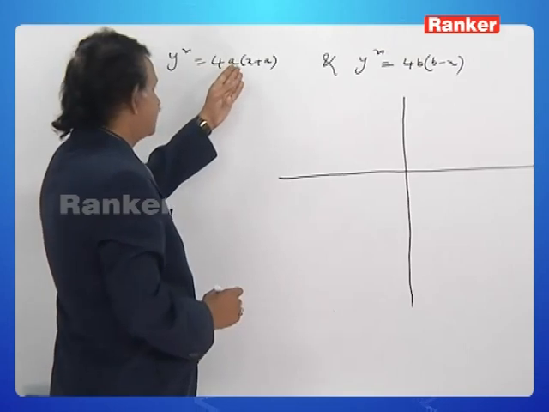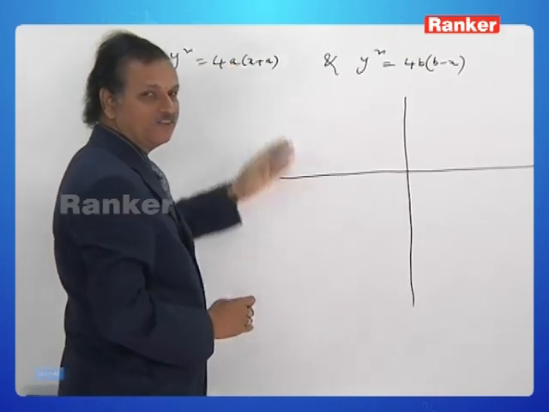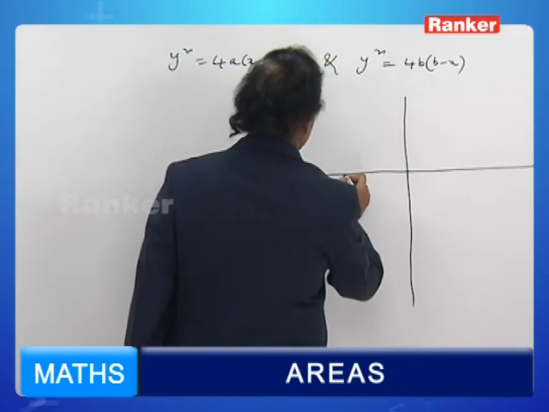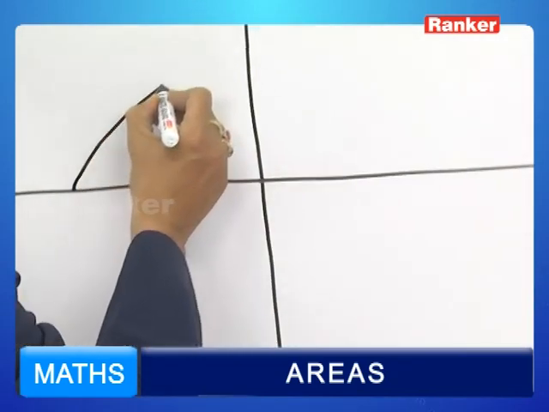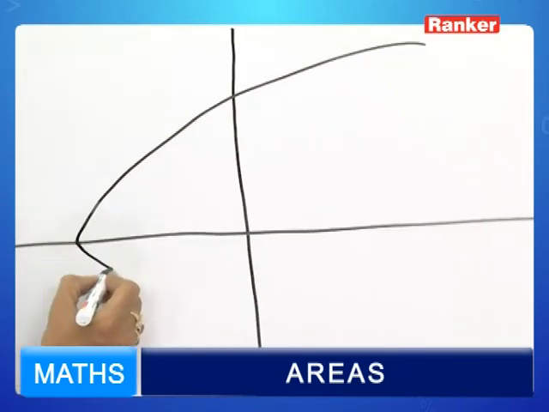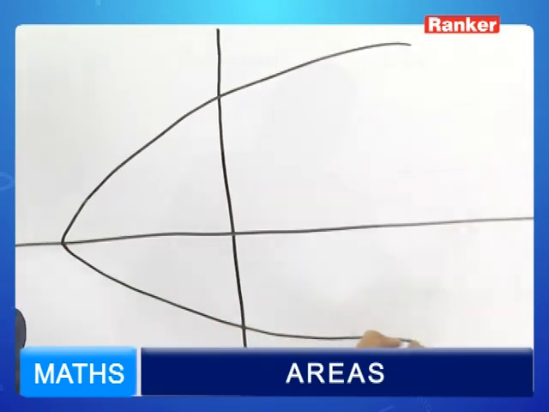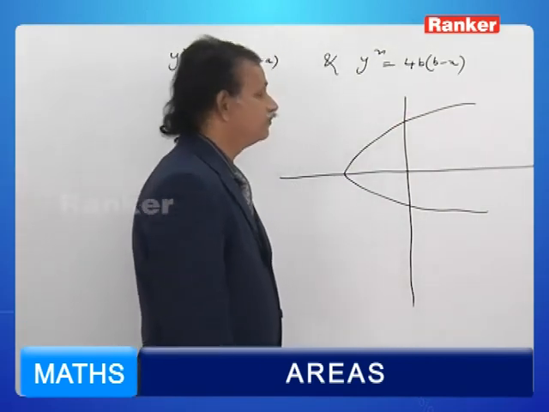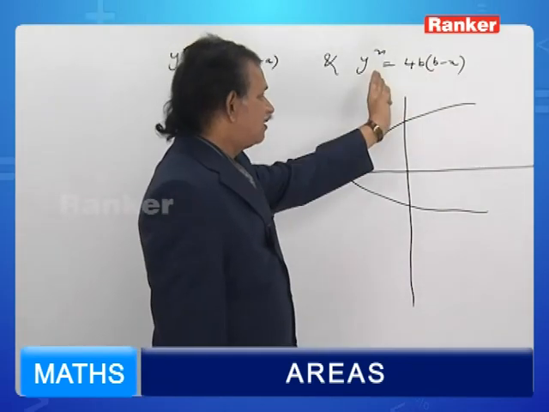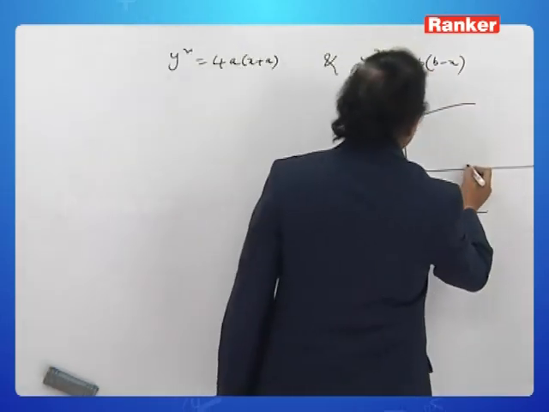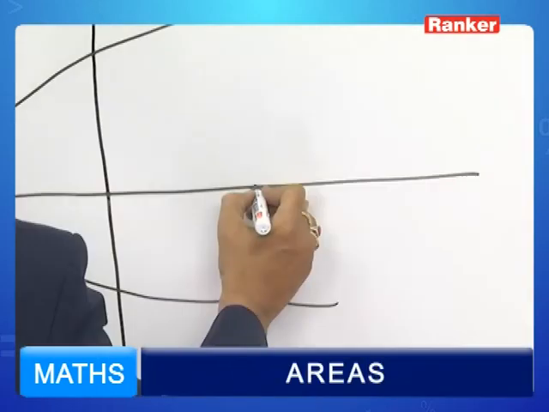What is the vertex of this parabola? Minus a, 0. Like this it may be. What is the vertex of the other parabola, minus of x minus b? It is b, 0. So it will be somewhere else here.